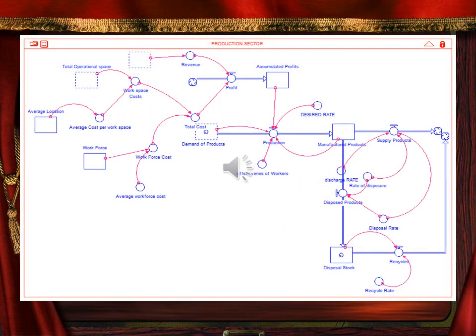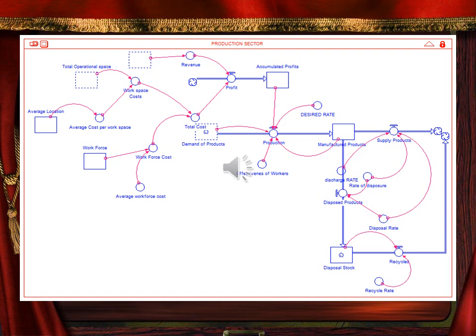The second sector that we have looked at is the production sector, because we are looking at the automotive industry, and under this we have a couple of stocks. We've got the main stock being manufactured products, because here we're looking at the products which have been manufactured. But of course this is a contribution of various stocks, like for example average location, total operational space, as we have seen in the previous slide.